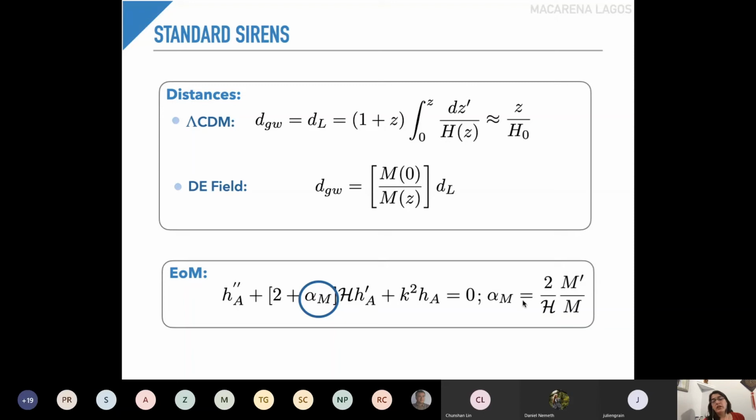But if M is varying in time, then you will have an additional friction. So that means gravitational waves will decay more or less with respect to LCDM, depending on how dark energy interacts with gravity. And this will translate into a different amplitude of the strain, and therefore a different amount of gravitational wave distance.